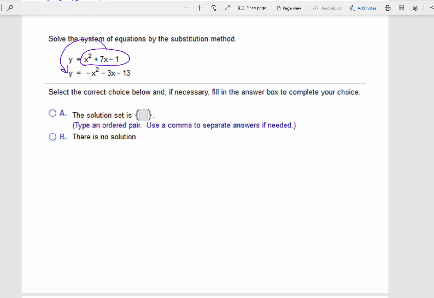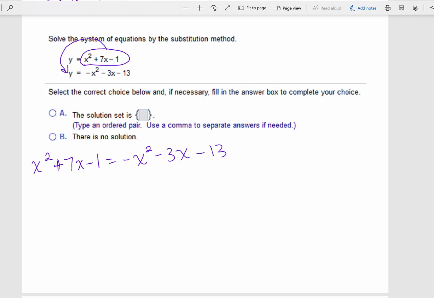So if I was to plug that in, I'd have x squared plus 7x minus 1 equals negative x squared minus 3x minus 13.